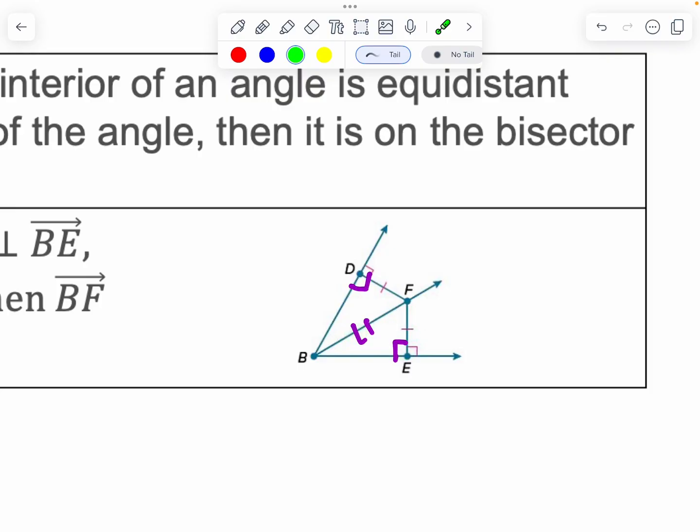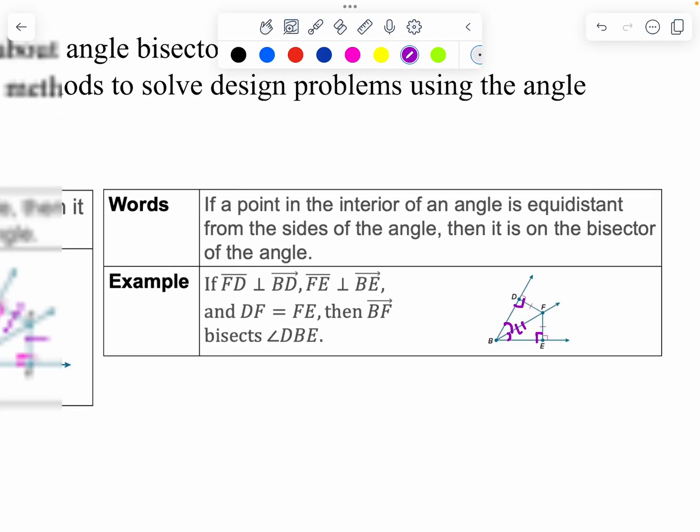Because I've got hypotenuse leg, that means these two triangles are congruent. And because these two triangles are congruent by CPCTC, I know FBE and DBF are going to be the same. You're going to do these proofs on your assignment. That's why I'm going over them.